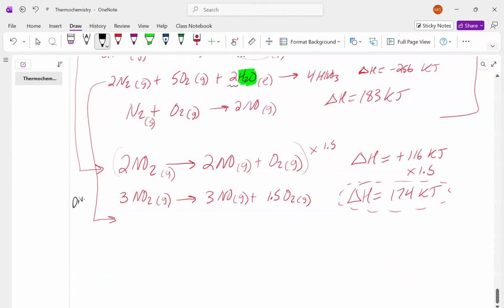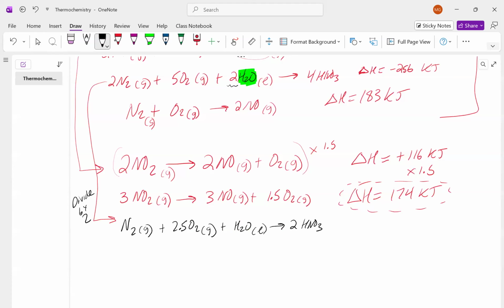So divide by 2. And so now I have N2 plus 2.5 oxygens plus now I have 1 water and 2 HNO3.